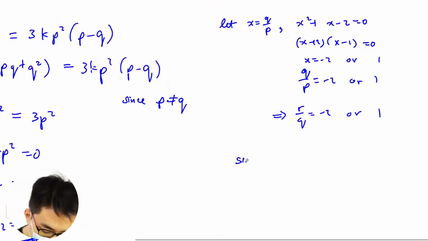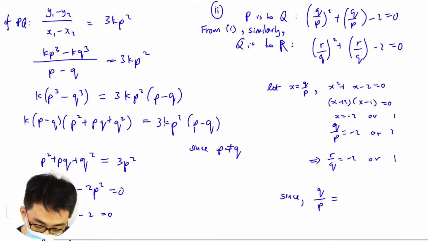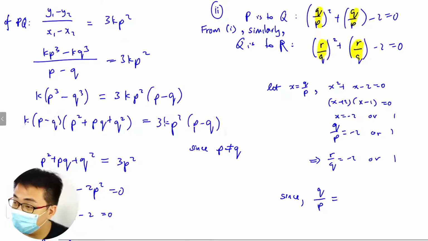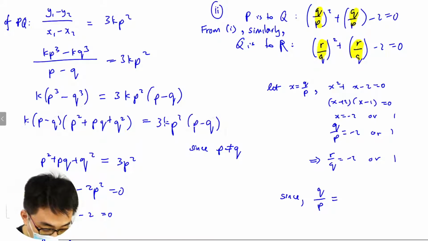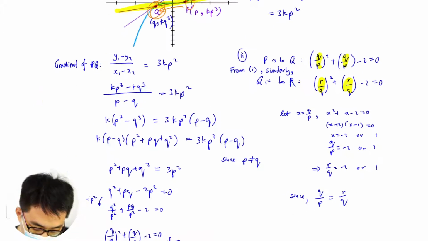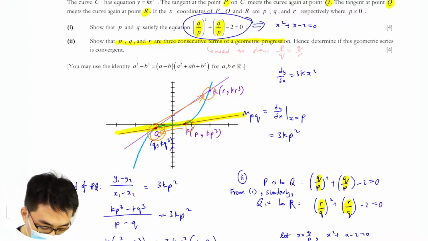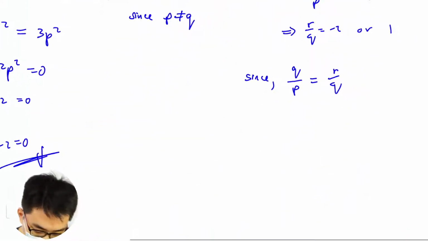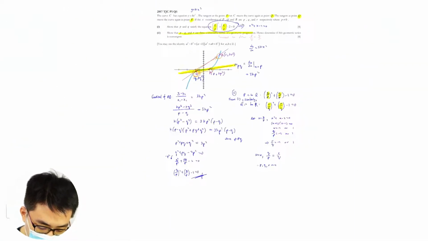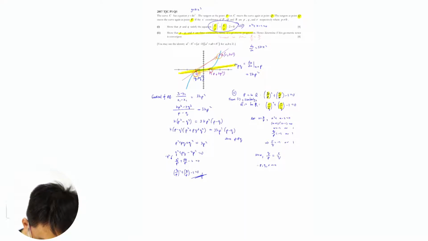So since Q over P equals, because if you solve Q over P and R over Q, they have the same solution. So Q over P equals R over Q. Hence P, Q, R are consecutive terms of a GP.